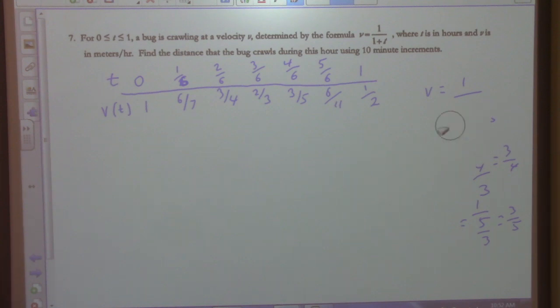How sneaky is that? And then it's just the width of the bases. So for your trapezoid people, the height of all these is going to be 1/6.